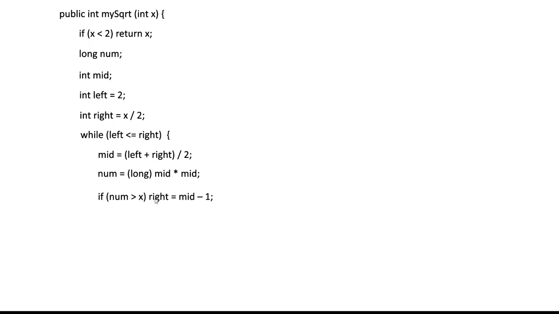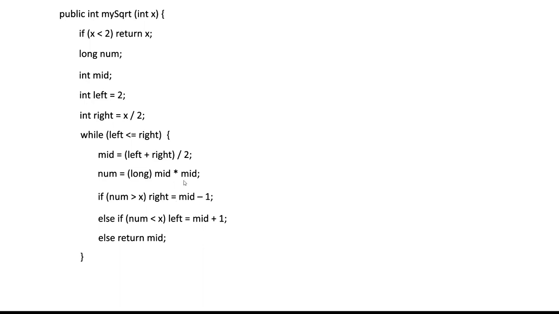So if num is greater than our input, then the right equals mid minus 1, meaning the number that we multiplied mid by is greater than the input. Else if the number is less than x, then the left is too small, and so we need to assign that to mid plus 1. And if neither one of these cases is true, then we found the number and we just return the mid.